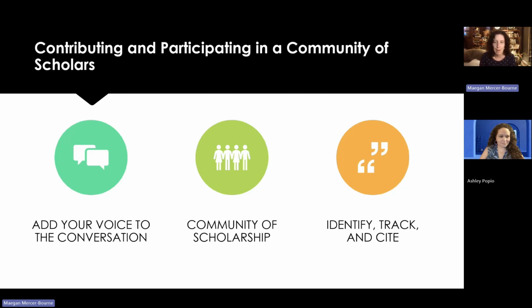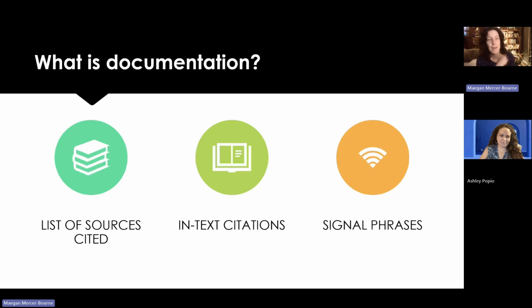So we'll talk a little bit more about how to identify those sources. And the way you do that is with documentation. So you'll have a list of sources. As we mentioned, it'll be different depending upon the format of your project, but it'll typically be on a page at the end of your paper or project. There's also in-text citations, which for most formats, MLA and APA, you'll have parentheses with an author's last name, maybe with a page number or a year.